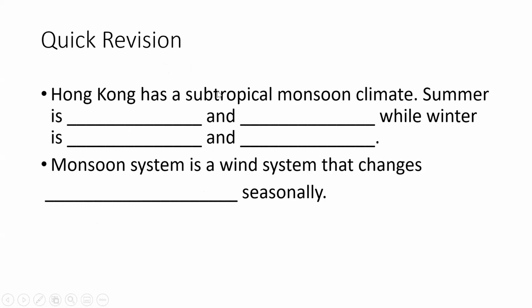Okay, let's have a quick revision. Hong Kong has a subtropical monsoon climate. So summer is wet and hot, and winter is cool and dry.